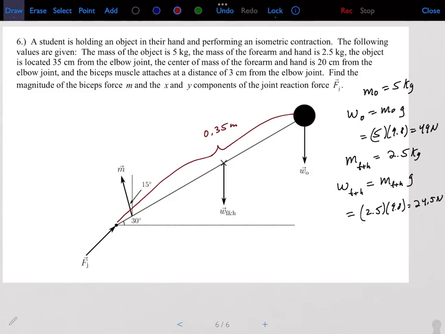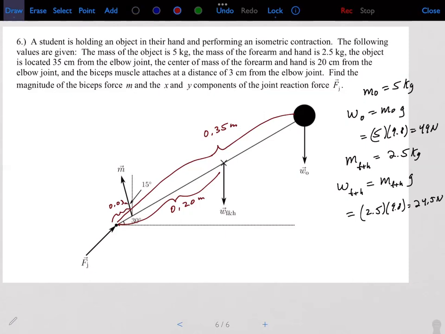And the center of mass of the forearm and hand is 20 centimeters from the elbow joint. So this distance here is going to be 0.20 meters. And the biceps muscle attaches at a distance 3 centimeters from the elbow joint. So this little distance here is 0.03 meters.